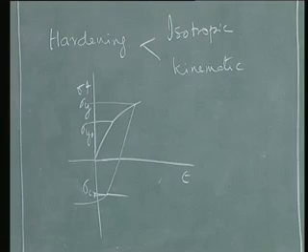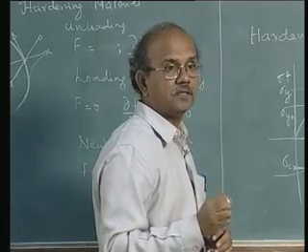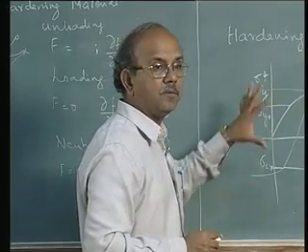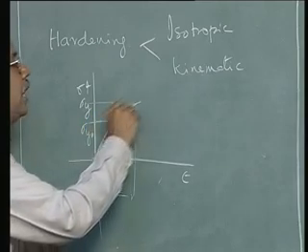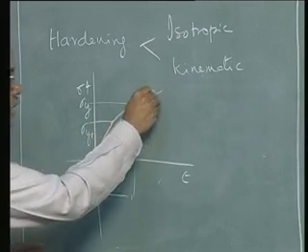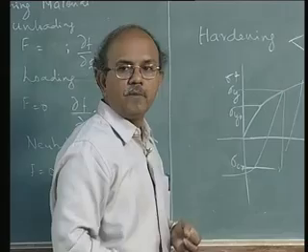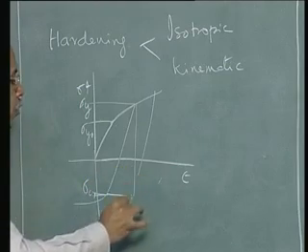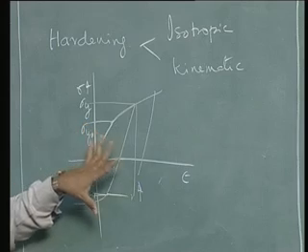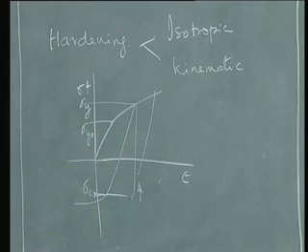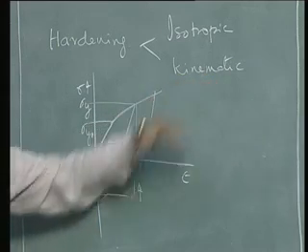Or in other words, as I keep on going up the curve and start unloading it, my yield point would start shifting upwards. This effect is called the Bauschinger effect, or in other words the kinematic hardening.